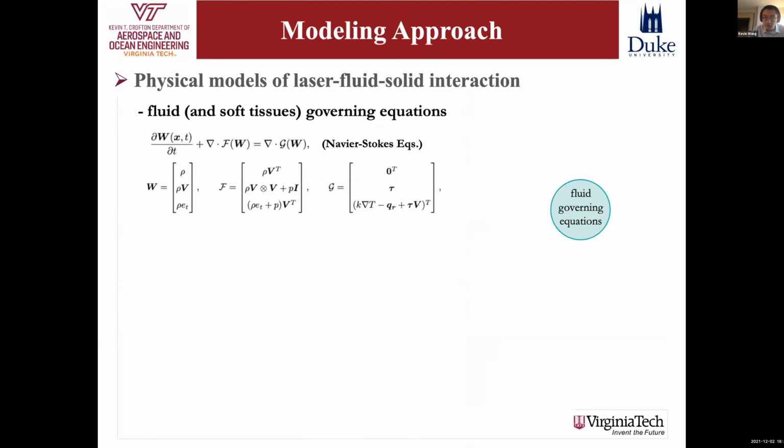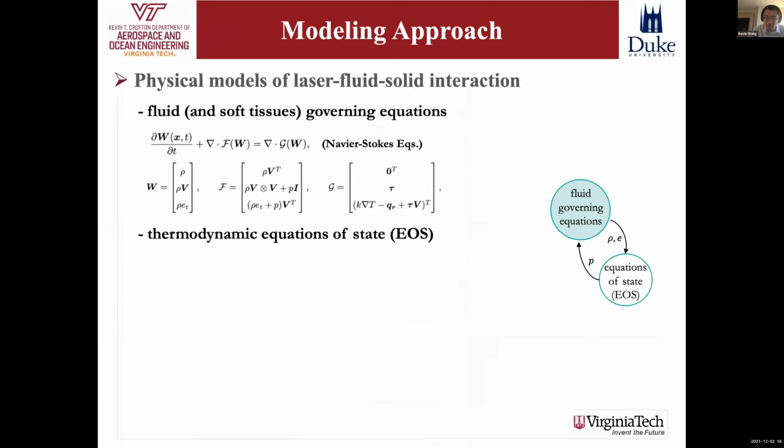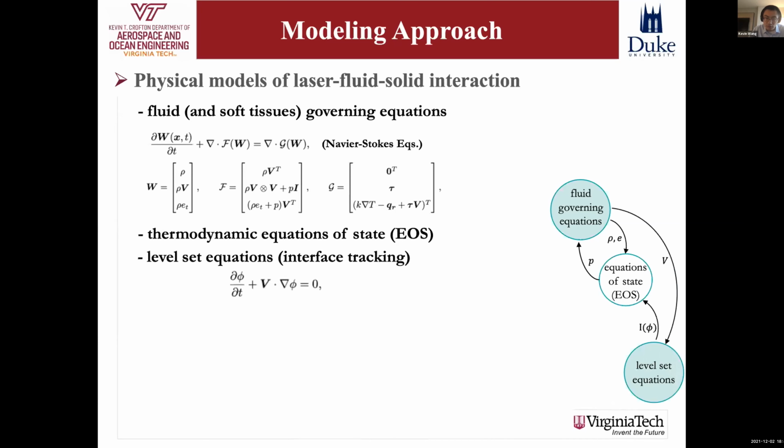To close the Navier-Stokes equations, we need one equation of state for each material. To track the boundary of each material, we use a level set method, which means we introduce a new variable phi that gets advected by the fluid velocity field, and the sign of phi tells us whether a point is inside or outside of a material subdomain.